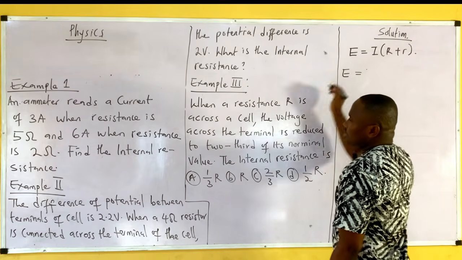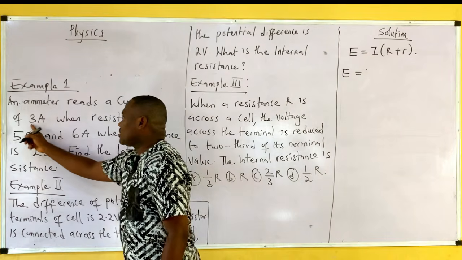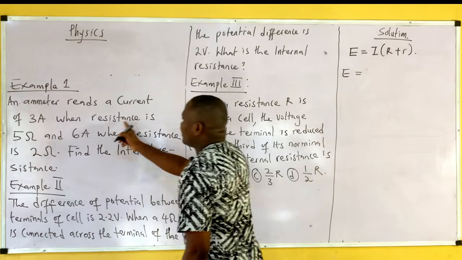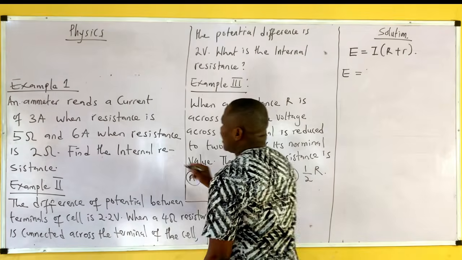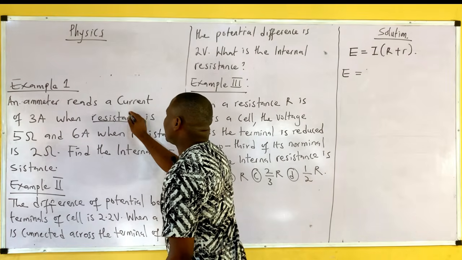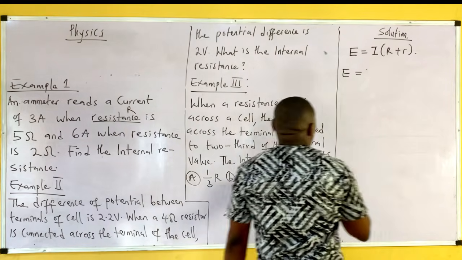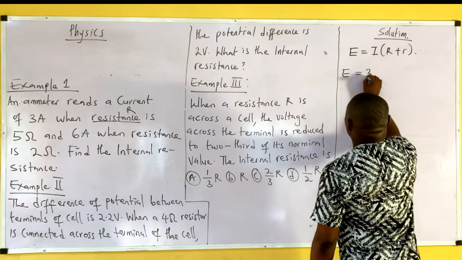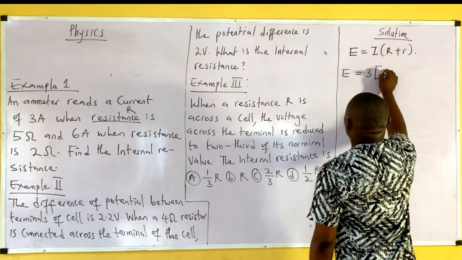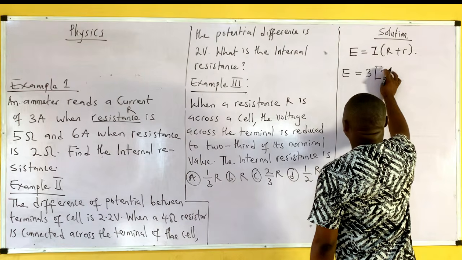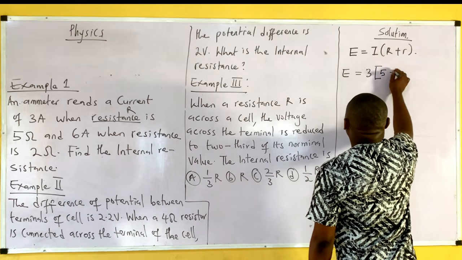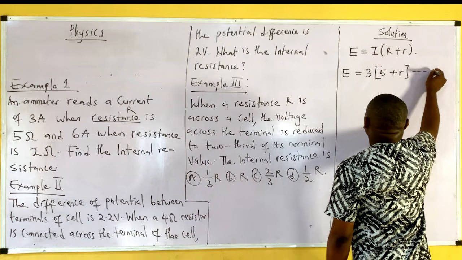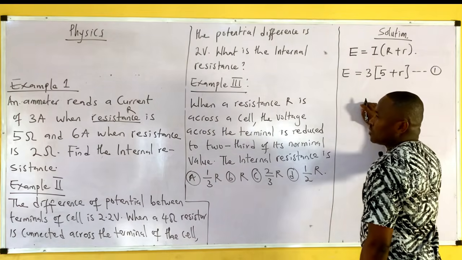The first current is 3 ampere, when the external resistance is 5 ohms. So now I'll put 3, open brackets, 5 plus r. This is the first statement, so I'll call it equation 1.